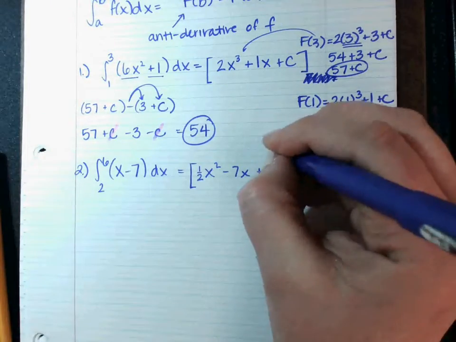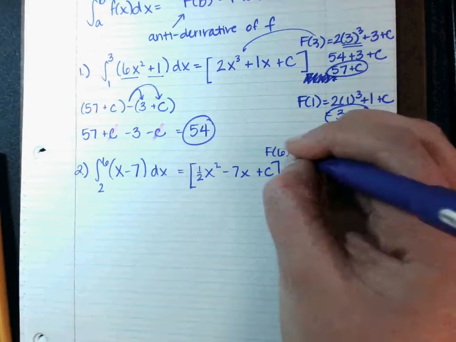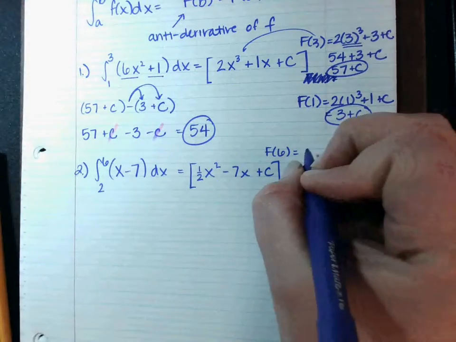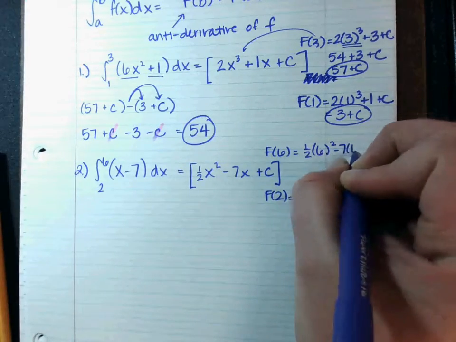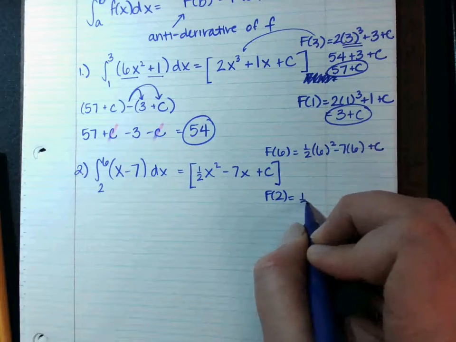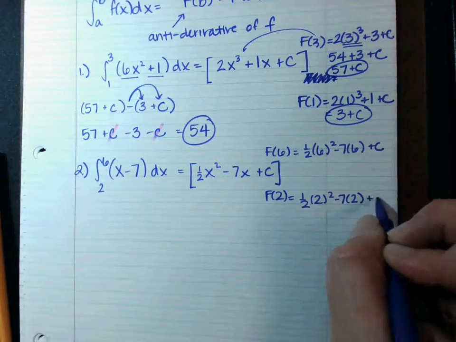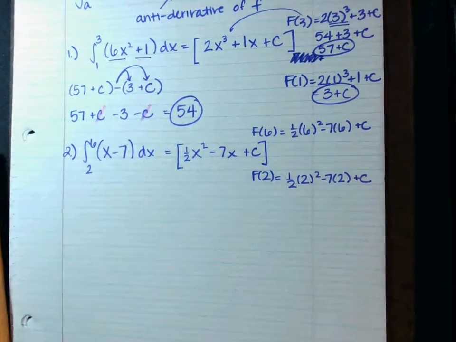Okay, then I'm going to find F of 6 and F of 2. Remember that you want to use capital F's there because you're plugging into the antiderivative. So it'd be 1/2 times 6 squared minus 7 times 6 plus c. And then down here it'd be 1/2 times 2 squared minus 7 times 2 plus c. Okay, I'm going to do the 2 one first just because it's easier.